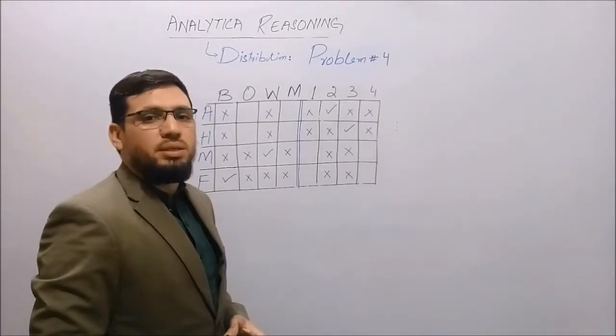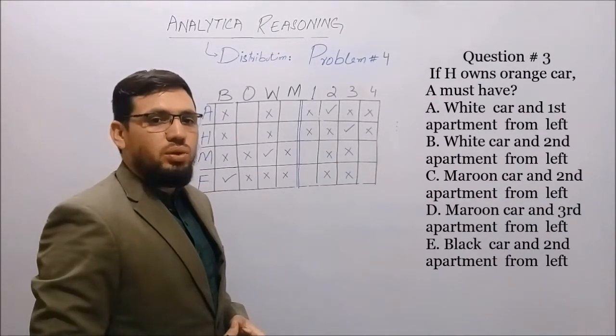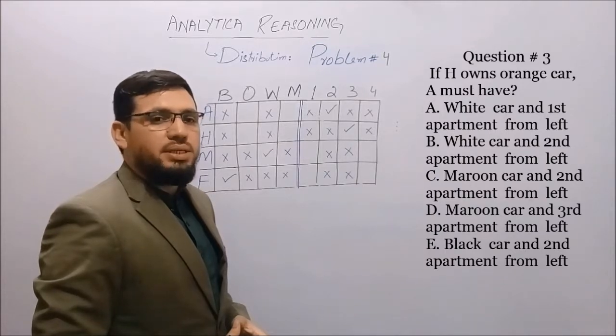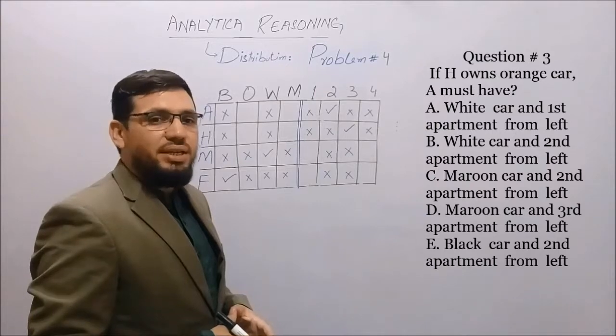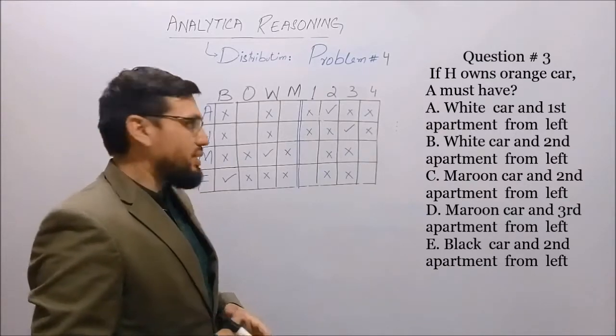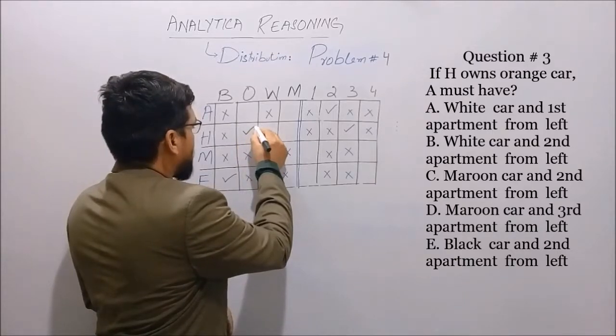Therefore, the correct option we have is option D, that F will have the first apartment from the left side. Now the third question about this distribution is: if H owns the orange car, then A must have which car and which apartment? So let's assign the orange car to H first, and then we will solve this case.